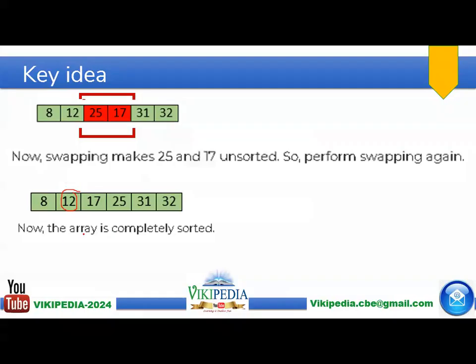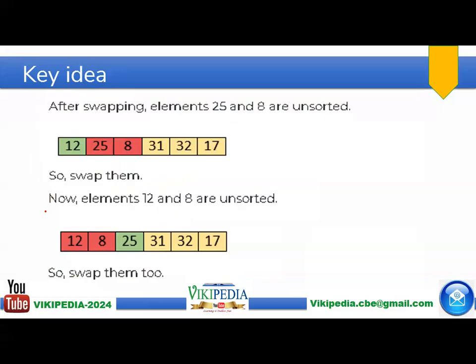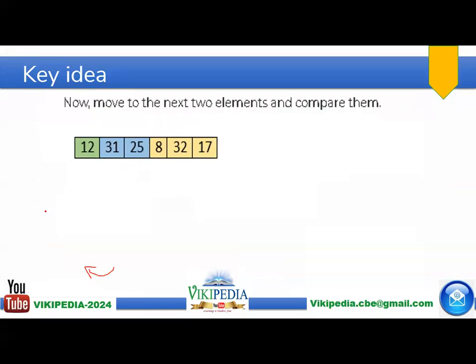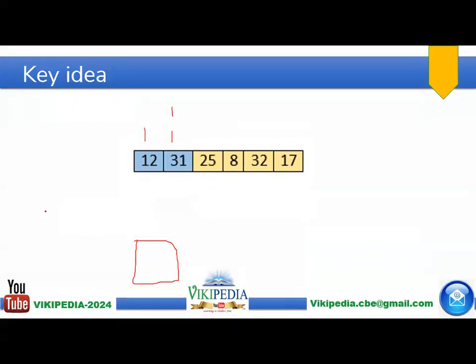So now the array is in sorted order, right? The key concept is that, assuming your first element is already sorted, you take two elements at the same time. The first element you take, and the second element you consider as the key.